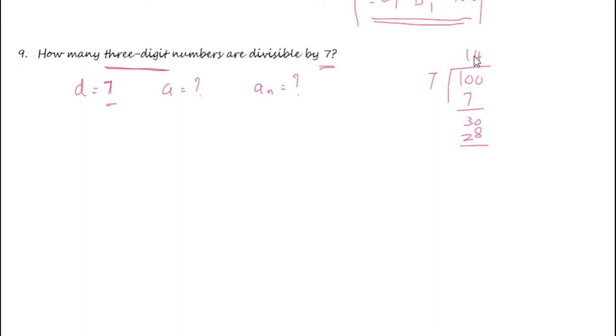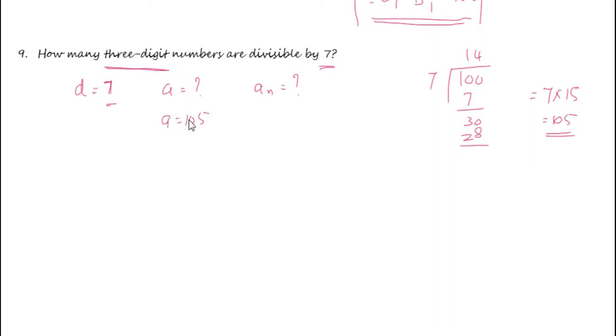So the next quotient 15, if you multiply by 7, is the first 3-digit number divisible by 7. So the first 3-digit number is 7 into 15, that is 105. That is the first 3-digit number divisible by 7. So A equal to 105.